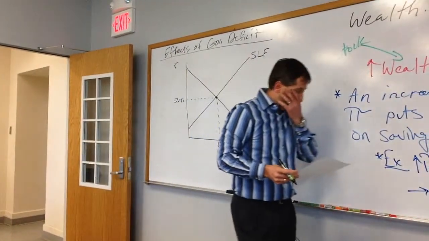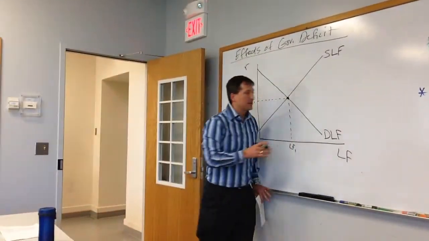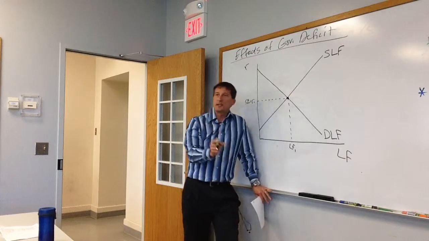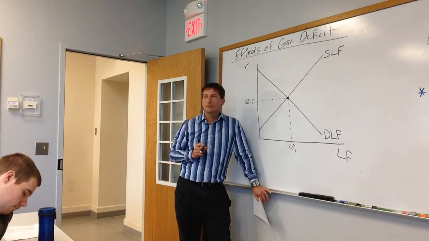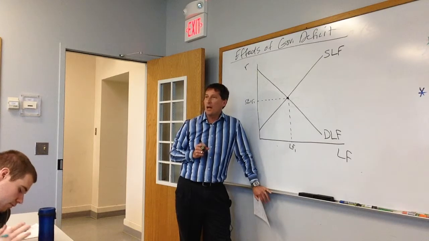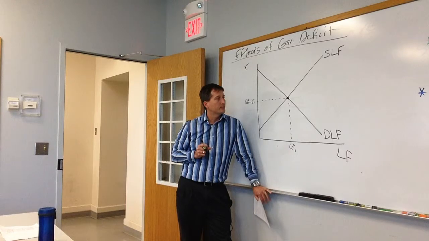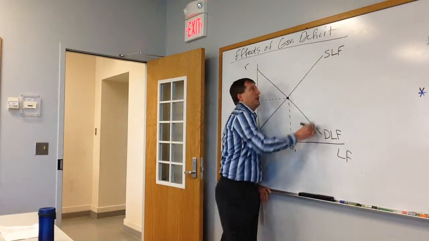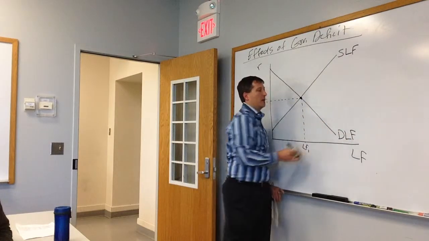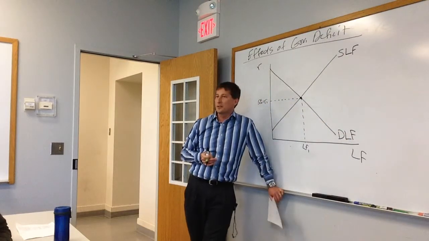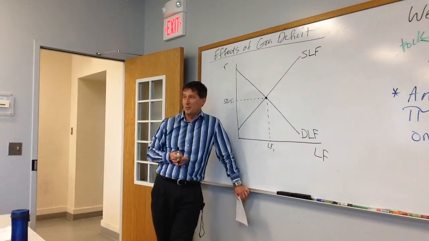All right, so what happens if the government now runs a deficit? What happens? Something to demand or something to supply? Is there more loanable funds, or is somebody demanding loanable funds? They're demanding loanable funds, right?